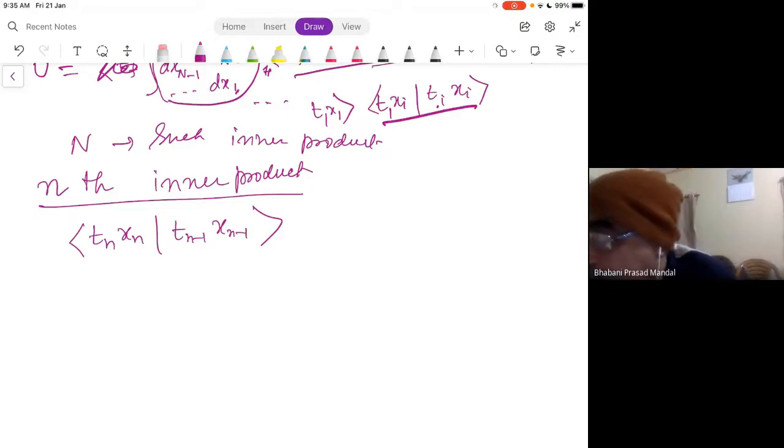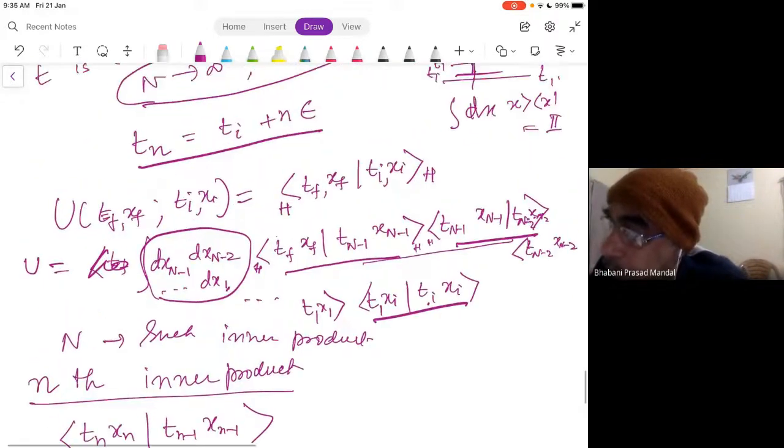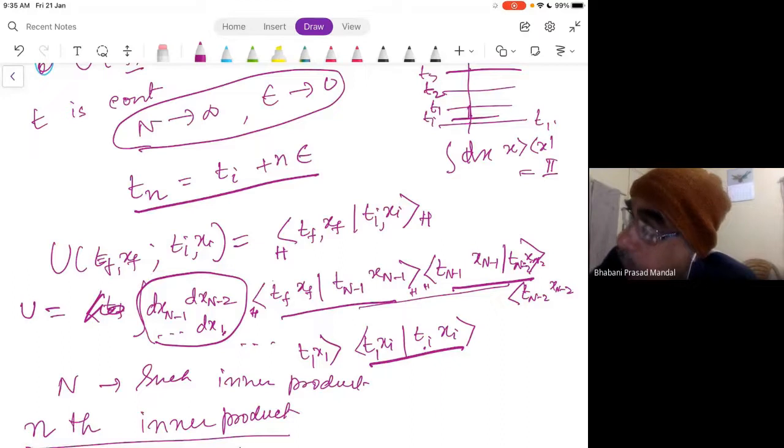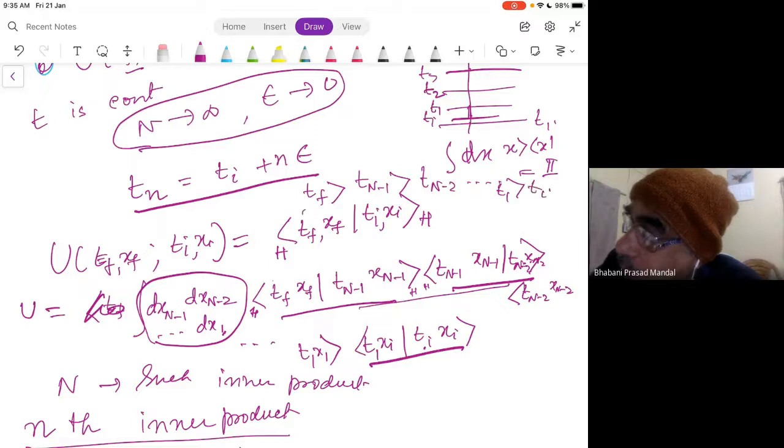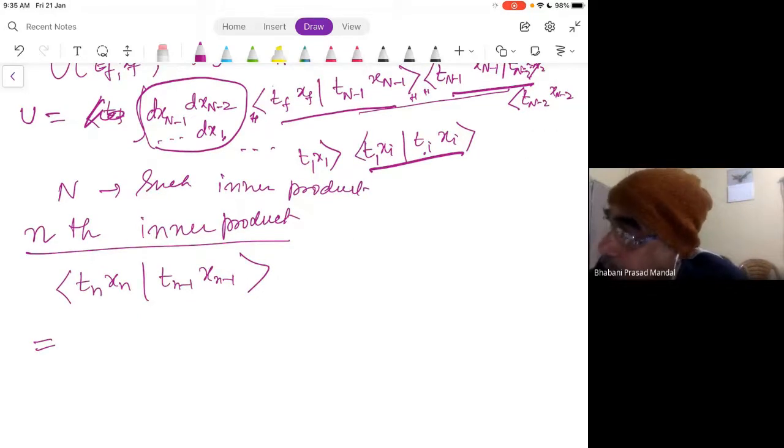Also remember one thing which I didn't write, but according to my notation it is clear: T final is the highest time, so it is greater than Tn minus 1, which is greater than Tn minus 2, and so on, greater than T1, greater than T initial. So there is already a time ordering, from T final to T1.